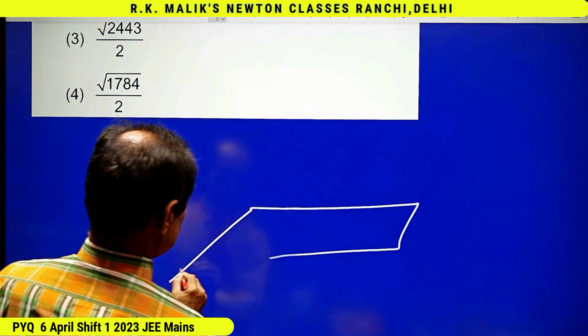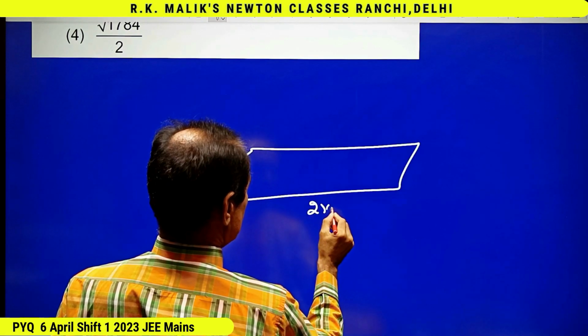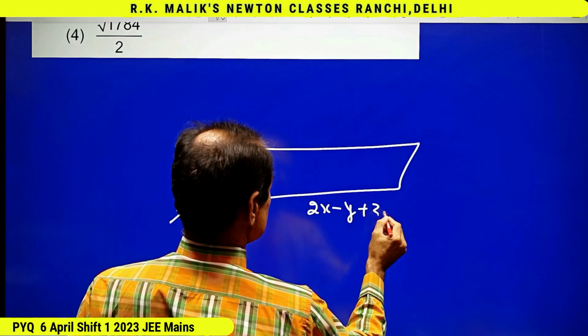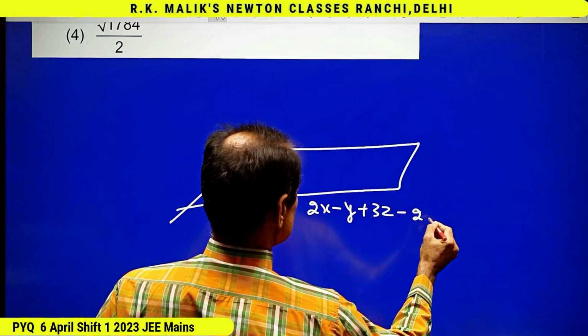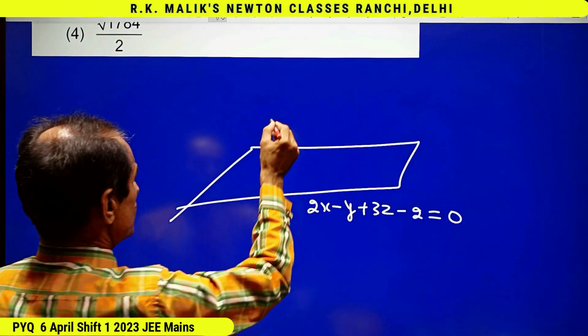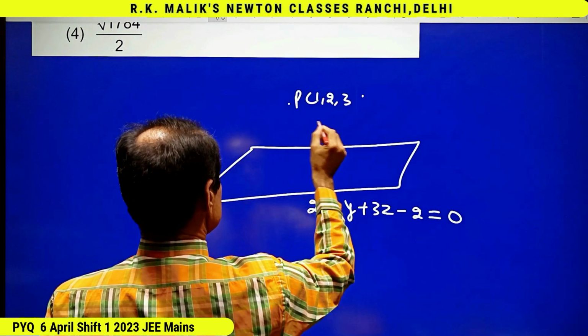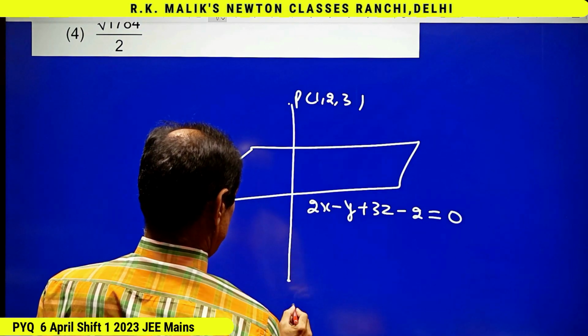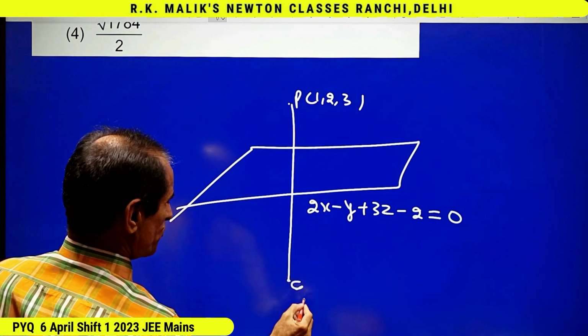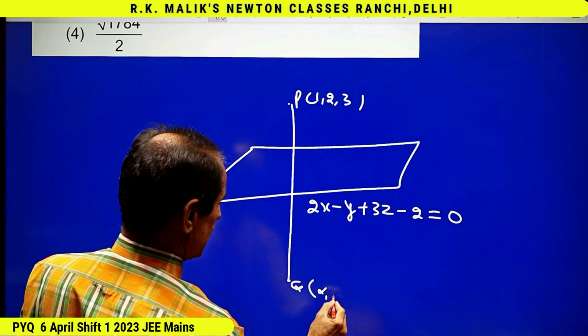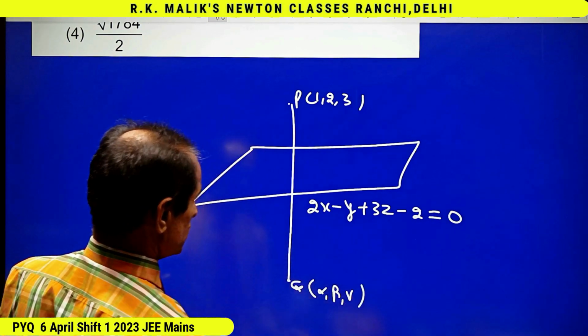Here the plane is 2x minus y plus 3z minus 2 equal 0, and P is the point with coordinates 1, 2, 3. First I will find the coordinates of the point Q. Let it be alpha, beta, gamma.